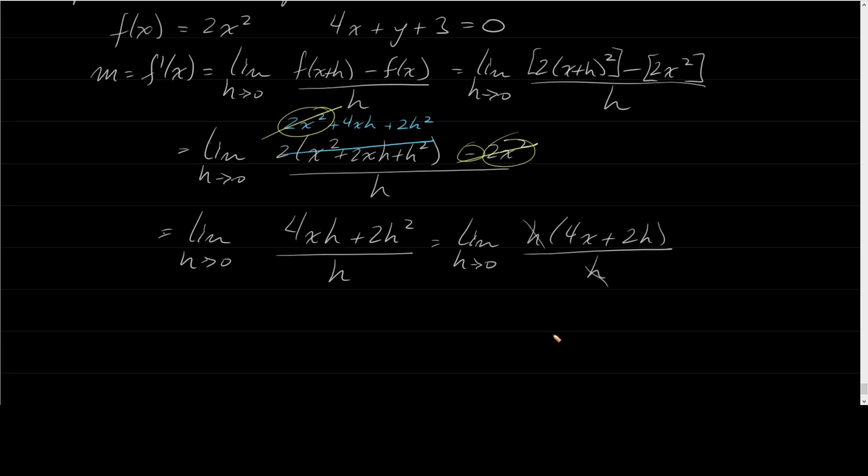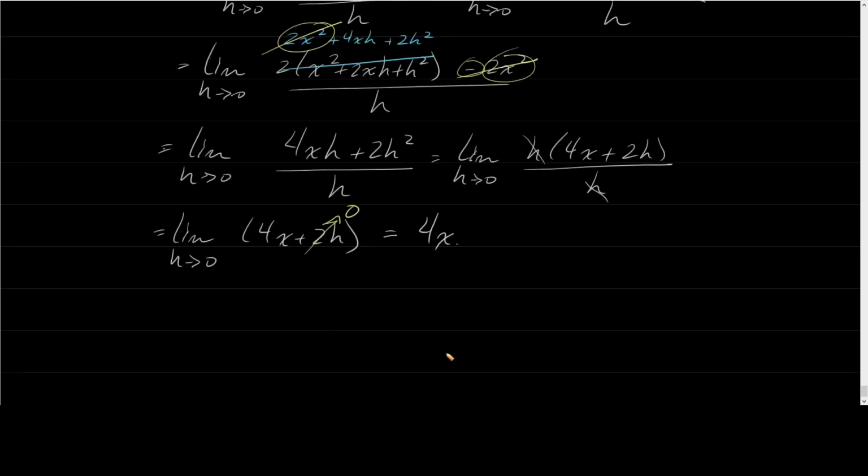These h's cancel each other out. So what do I have there? I have the limit as h goes to 0 of 4x plus 2h. At that point, since h is going to 0, this piece right there goes to 0, and we're left with 4x. All right. So our formula for the slope is going to be 4x. Okay, let's set that aside.